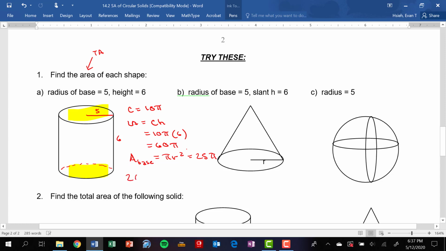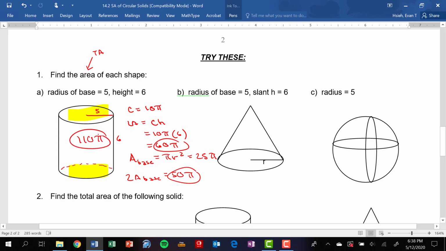So 2 of the area of the bases is just going to be 50 pi. And then I just add 50 pi plus the 60 pi, and I end up with 110 pi.